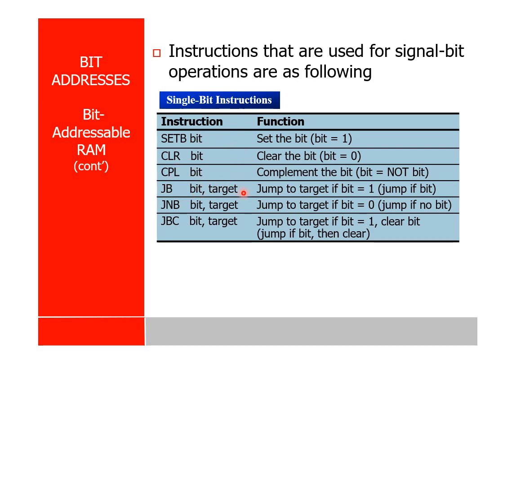JB bit, target means jump if bit, P3.0, for example port 3 bit 0, is 1, go to target. Okay, if P3.0 is 1, go to target. Here if you are writing JNB P3.1, target, it means if P3.1 is 0, it will go to the target. JBC means it will jump if bit is 1. After jumping, it will clear the bit.